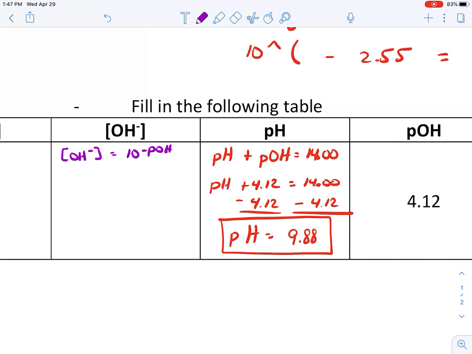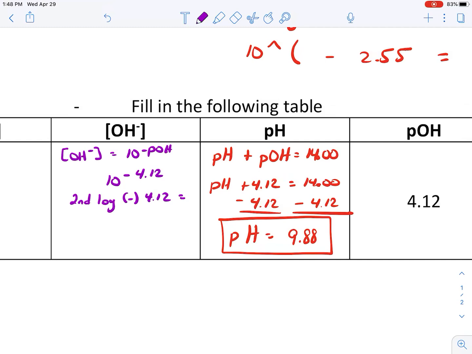We know our pOH, so we're going to say 10 to the negative 4.12. When we type this in our calculator, we type second log negative sign 4.12, then hit our equal sign.